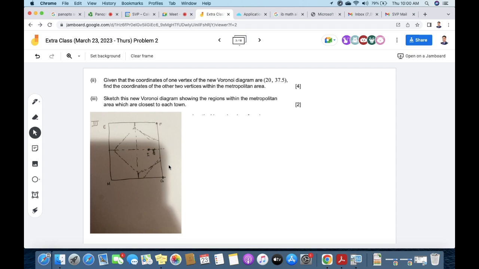Do you have any questions on this or clarifications perhaps? Yeah. So this one is correct already. You might be asking, sir, why are we doing part 3 first? We're doing part 3 simply because we wanted to visualize where the other two vertices are.